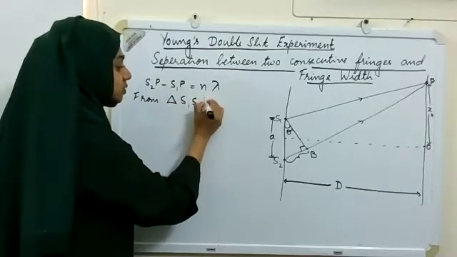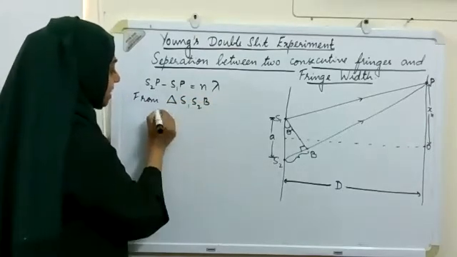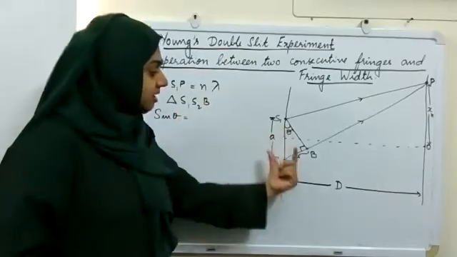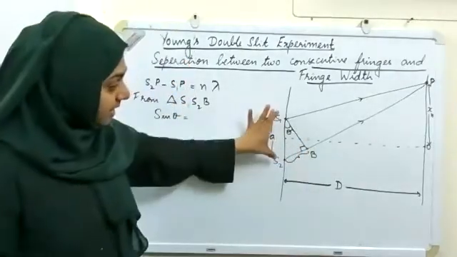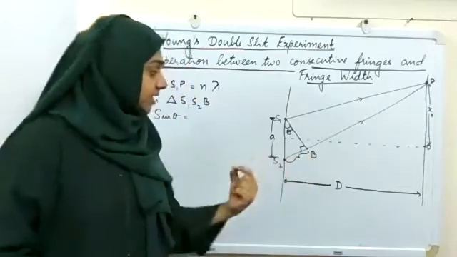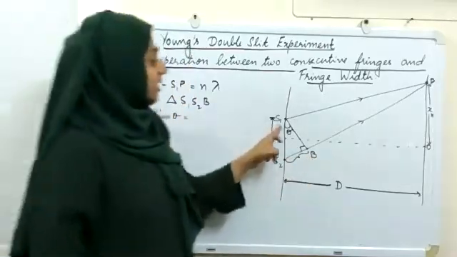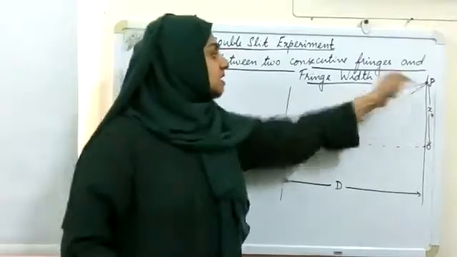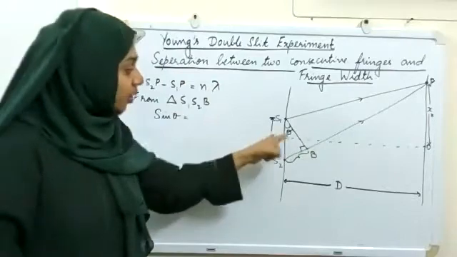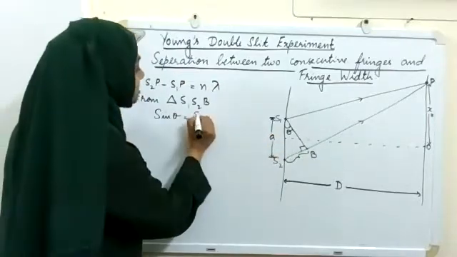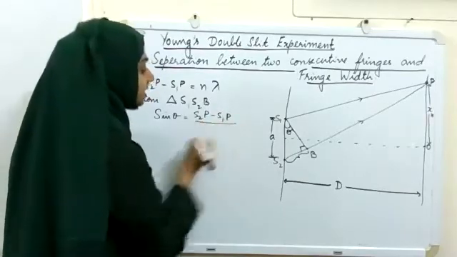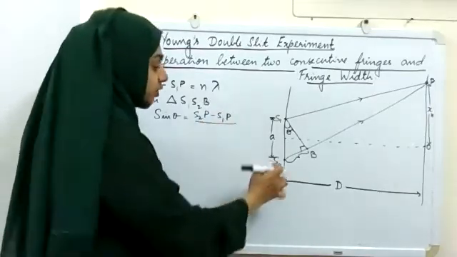From triangle S1 S2 B, we have sine theta is equal to the opposite side by the hypotenuse. The opposite side is S2B, which is S2P minus S1P, divided by the hypotenuse.